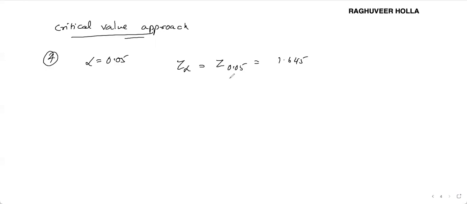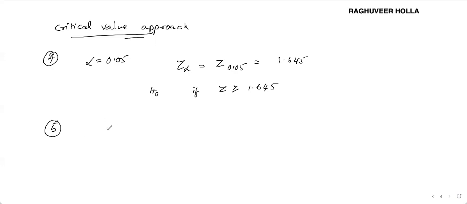So hence we will reject H naught if Z is greater than or equal to 1.645.